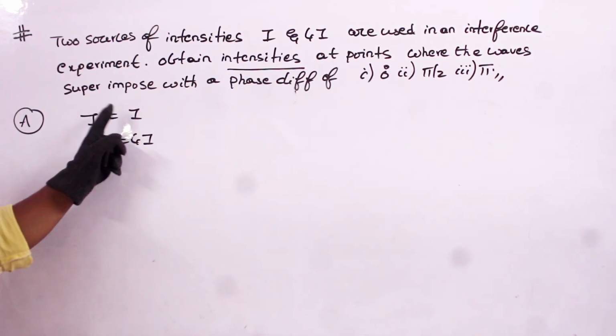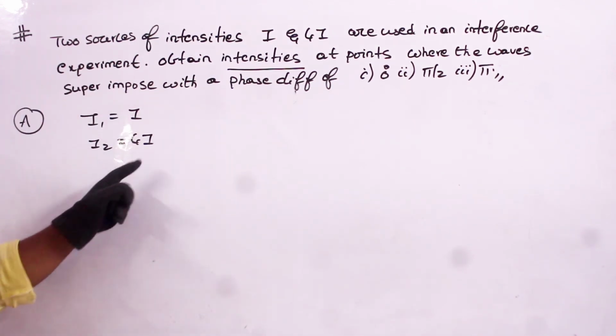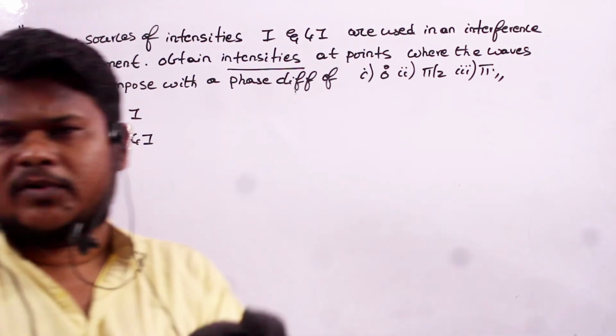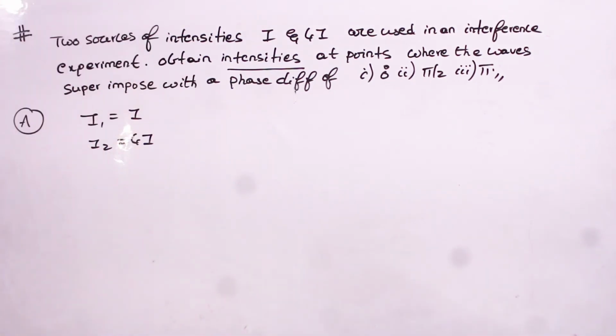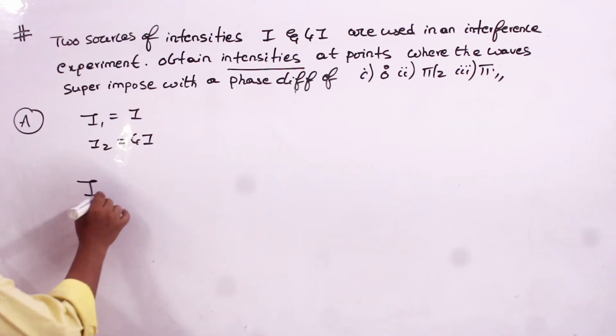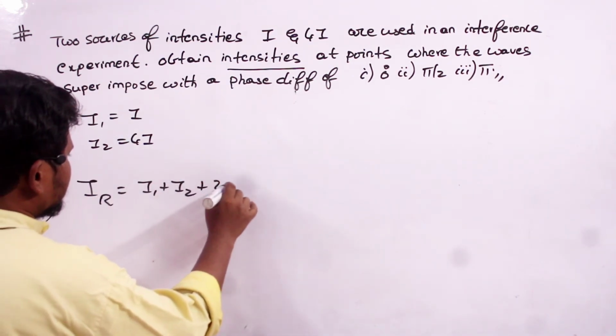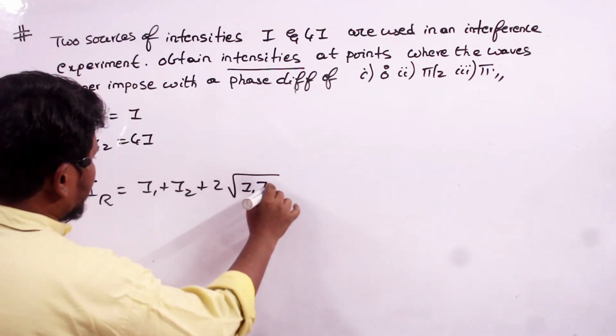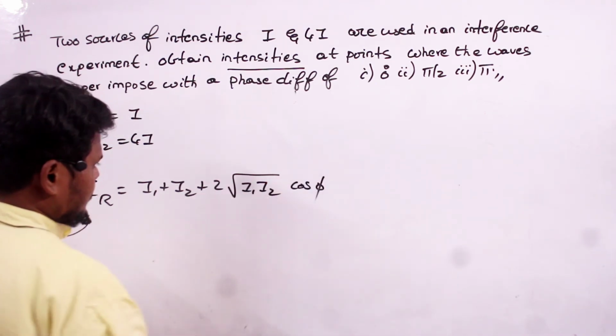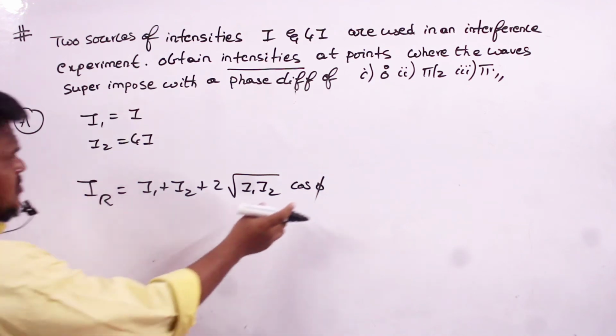When these two waves interfere, I want the resultant intensity. So what is the equation to calculate resultant intensity? IR is equal to I1 + I2 + 2 root I1 I2 cos phi. That's all, no? So cos phi is the phase difference.